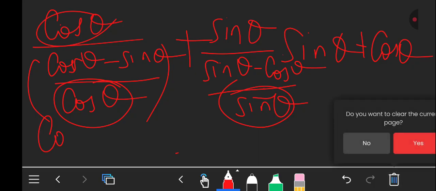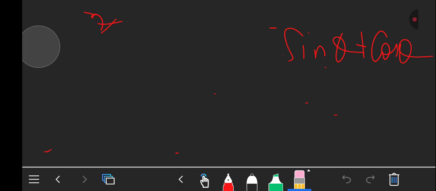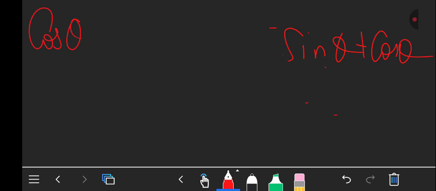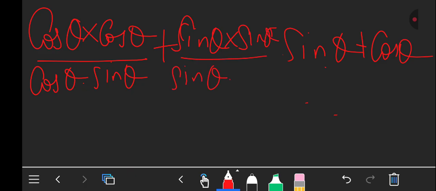So what we're going to have is cos theta multiplied by cos theta over cos theta minus sine theta, then plus sine theta multiplied by sine theta over sine theta minus cos theta.